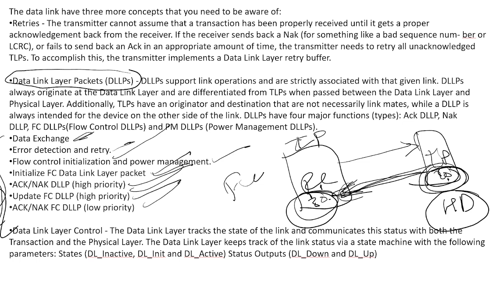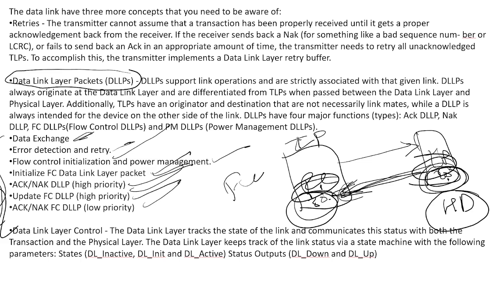In the data link layer, if you are sending actual data from transmitter to receiver, you should have enough space, then only it will send. But DLLPs are not actual data packets. They are generated from the data link layer of the transmitter and received by the data link layer of the receiver end.